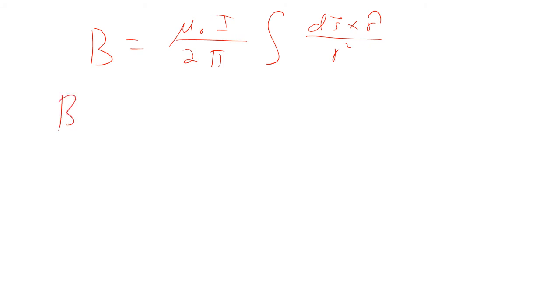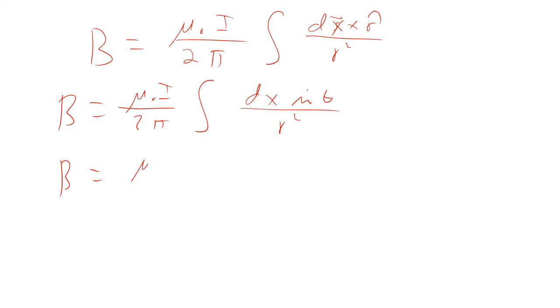And so that's going to be mu naught I over 2 pi times the integral of, again, the ds is dx, so dx sine theta over r squared. And so that becomes mu naught I over 2 pi integral of R dx over r cubed.